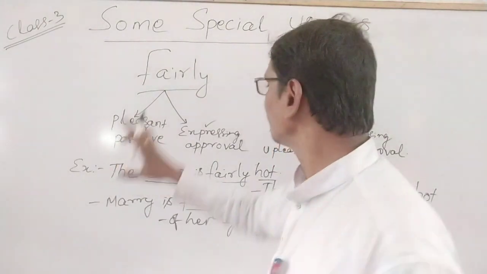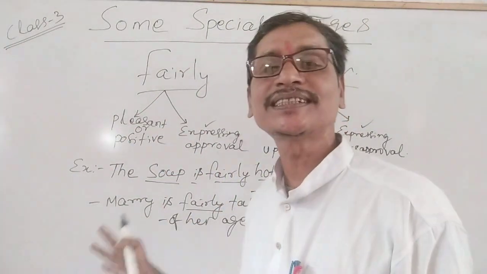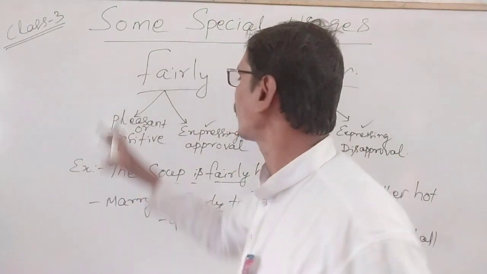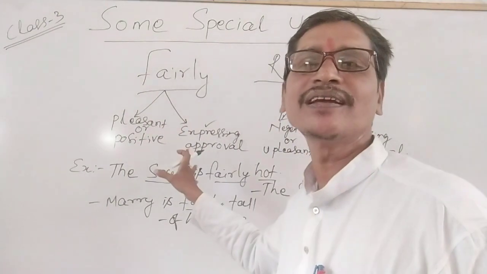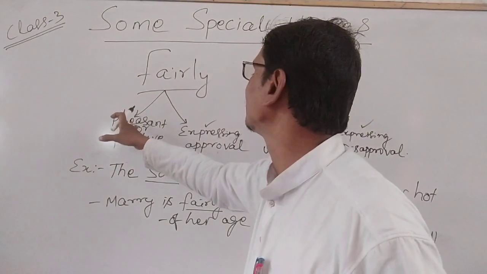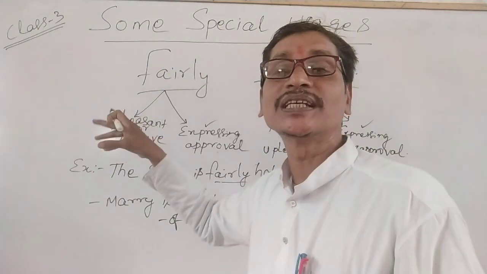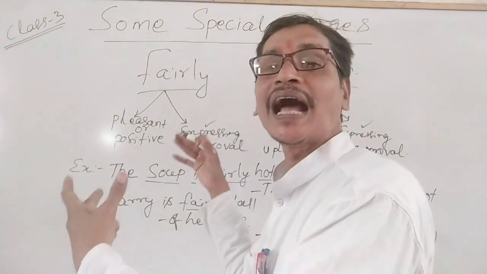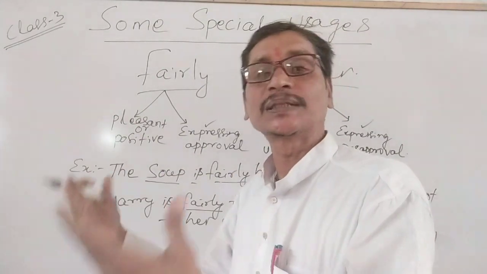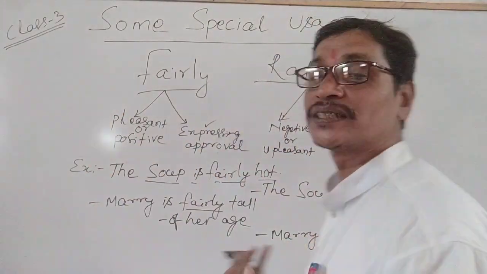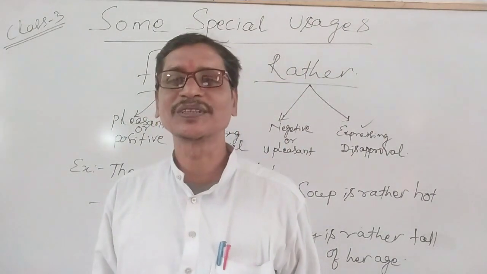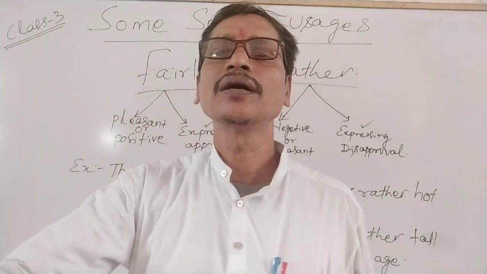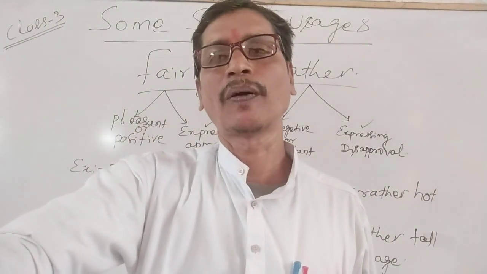For that, let me write something over here so that we will discuss and clearly understand the use of "fairly" and "rather" in accordance with these rules: pleasant and positive uses "fairly," unpleasant and negative uses "rather," approval uses "fairly," disapproval uses "rather." Let me write them on the board so that we will have a clear understanding of their uses.